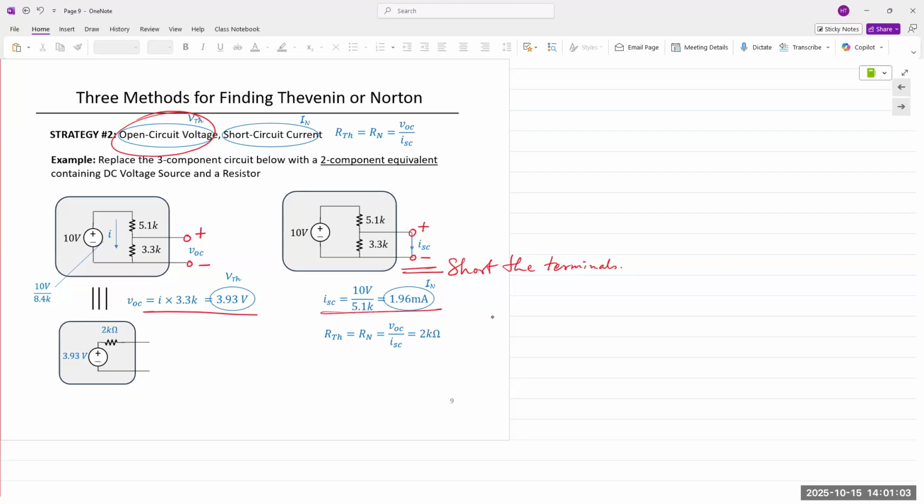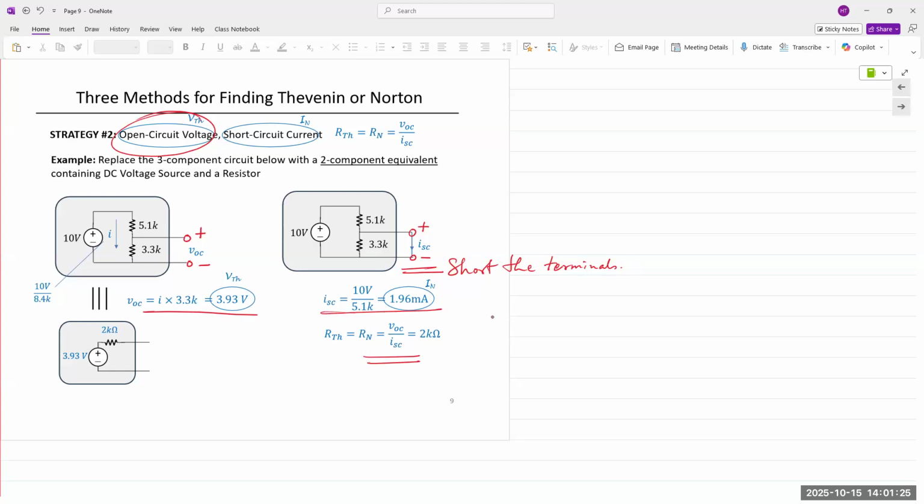Okay. And then finally, the easiest way to find Thevenin resistance is to apply Ohm's law, which I do not recommend to students at all. The simple reason being, we have three unknown quantities: VTH, the Thevenin voltage, the Norton current, and the Thevenin resistance.